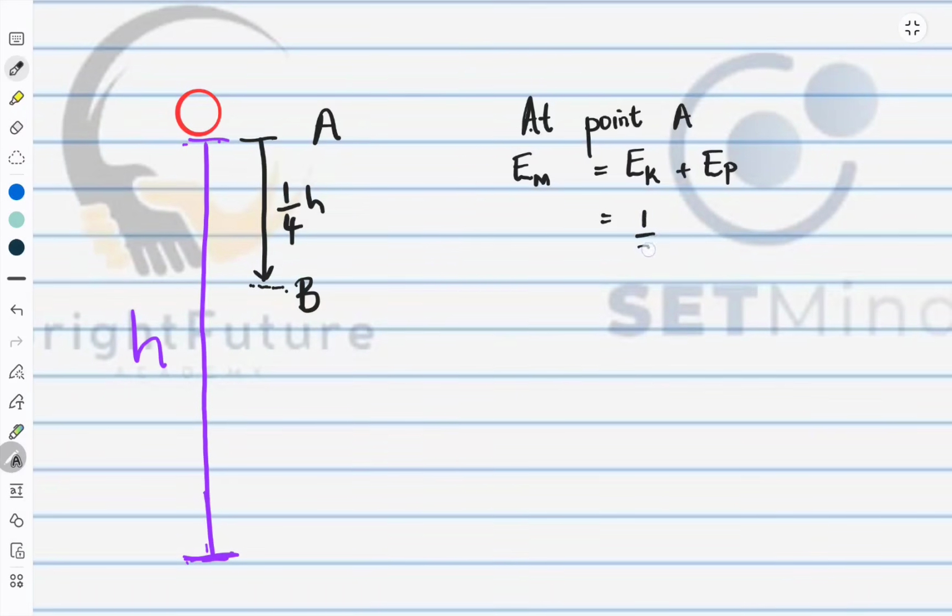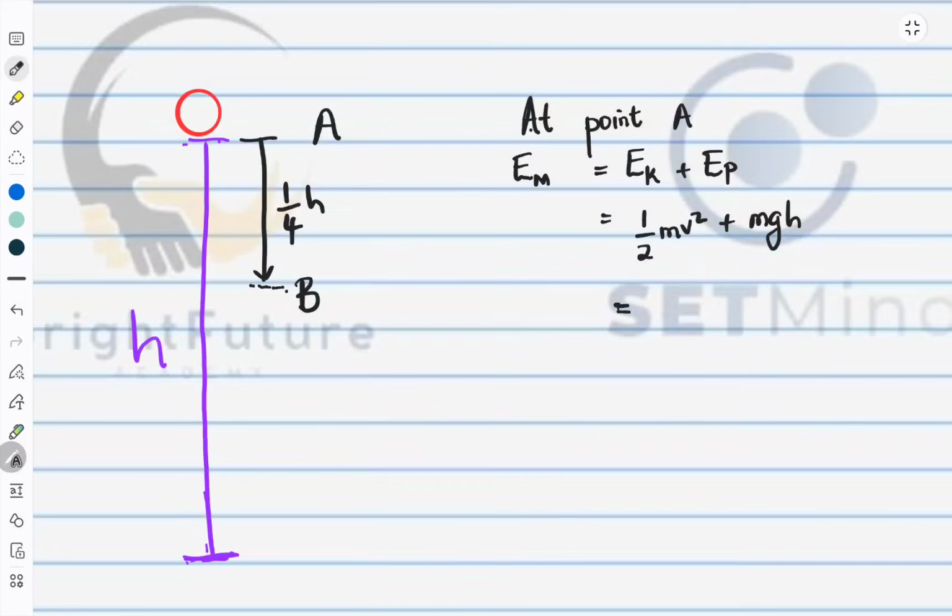Kinetic energy is half mv squared plus mgh for the potential energy. Okay, so at this point we know that the velocity is 0 because they told us that the stone is being dropped. When something is being dropped, released from rest, and so on, those keywords in physics tell us that its initial velocity was 0.